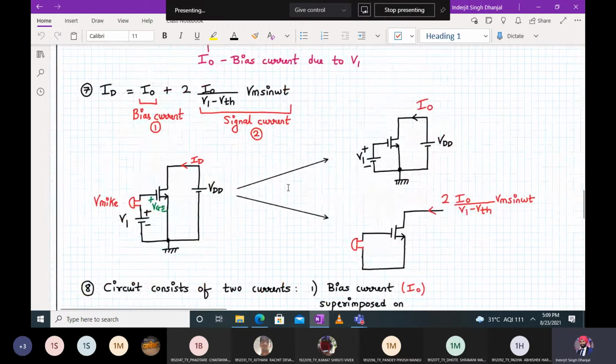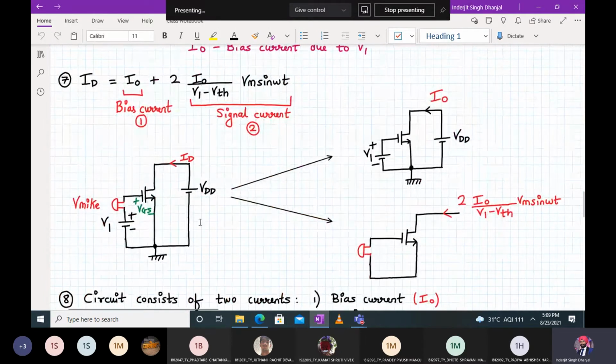Fine. So listen very, very carefully now. The same circuit is divided into two parts. In one part, we have only V1. We have first superimposed the AC signal and the DC quantity. Now we are separating them. So what this expression means is that if I have a V1 biasing, I will have I0 current, bias current only.